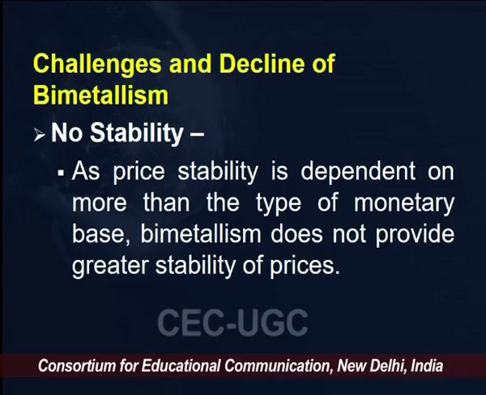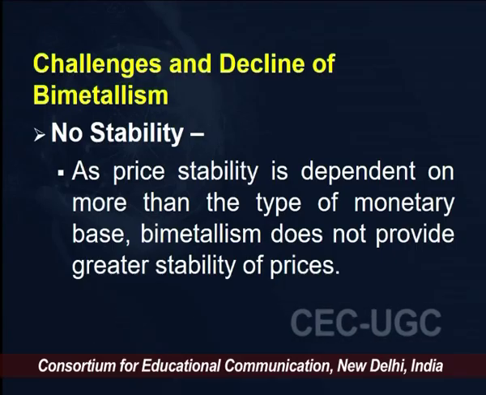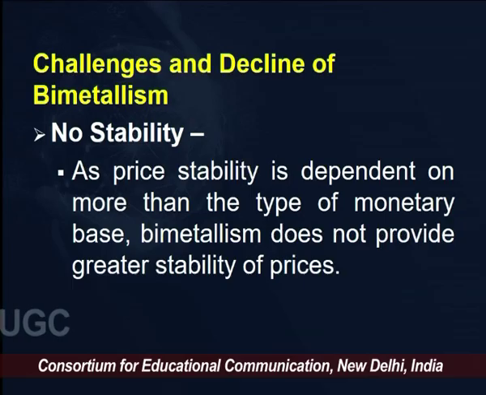No stability is another point. As price stability is dependent on more than the two types of monetary base, bimetallism does not provide greater stability of prices. So, that problem was also there. Freezes the ratio of the prices. That was another challenge.